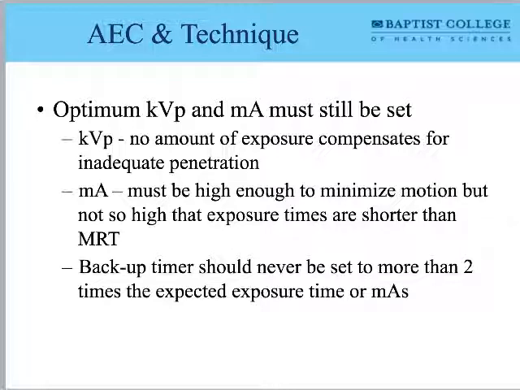Generally, if we look middle of the page on page 413, column on the left, the backup timer should never be more than 2 times the expected exposure time or the mAs of a particular projection. The reason I'm stressing this one in particular is right out of the box, a lot of the machines that you're working on have their backup timer set too high.